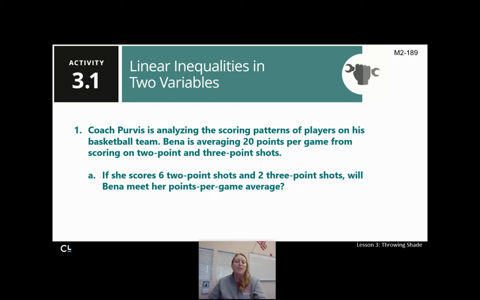Go through and answer number 1, parts A, B, and C. If she scores this many shots, is she going to meet her per game average of 20 points? Hit pause, work it out, and hit play when you're ready to check your work.